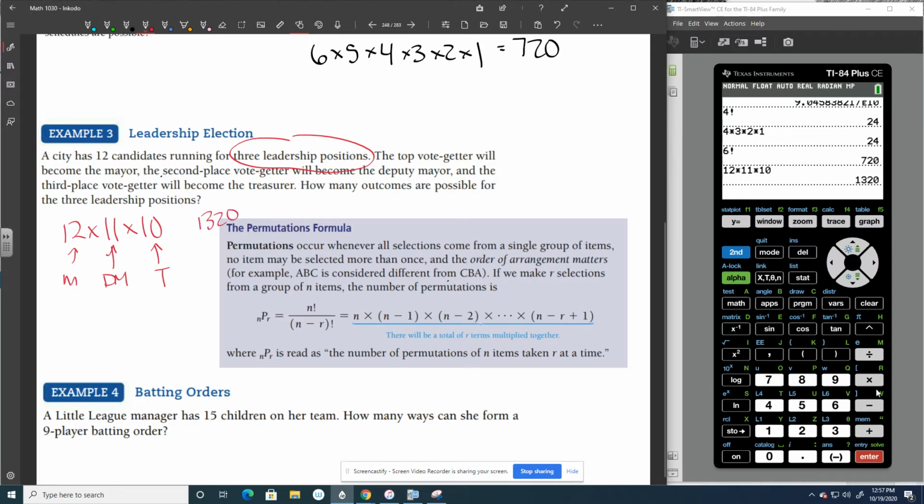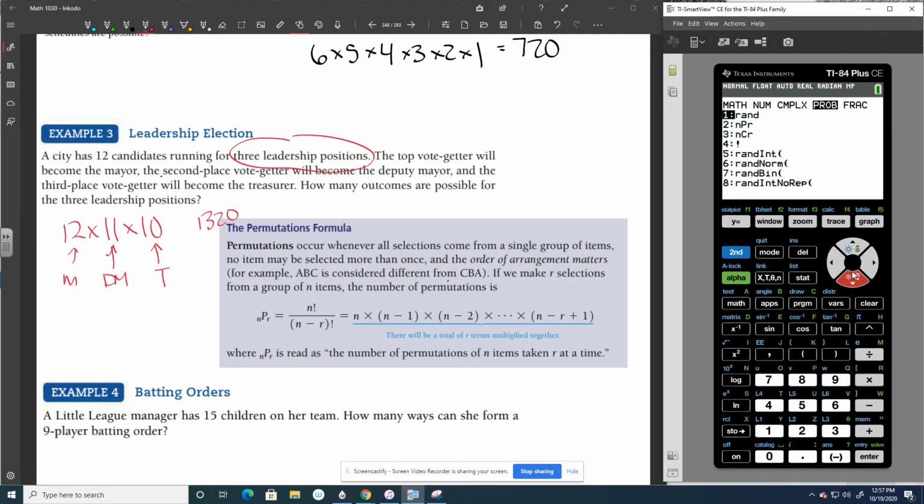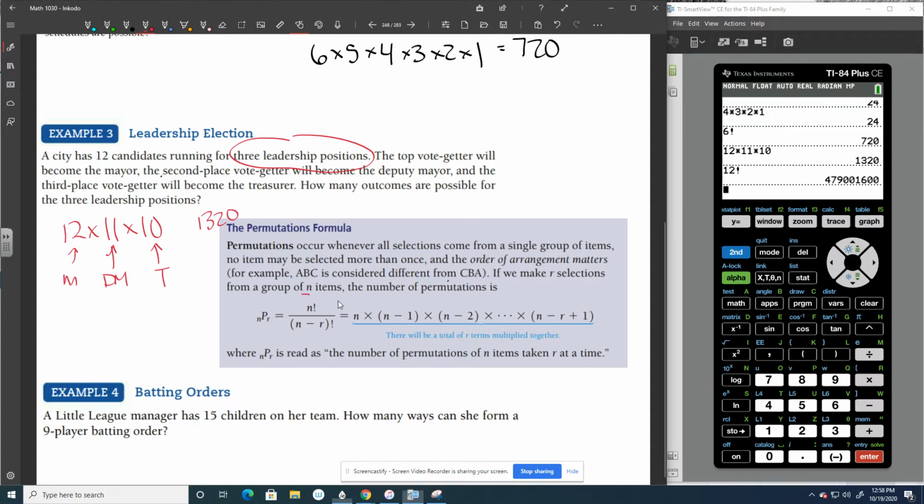Or, because really what you're doing is you're getting rid of the rest of them. We can't just do 12 factorial because I'm not ordering everybody. I'm just ordering the first 3. So the way the formula works, there's a couple of ways that we can do it. We can just times these together. You can use this formula right here, nPr.